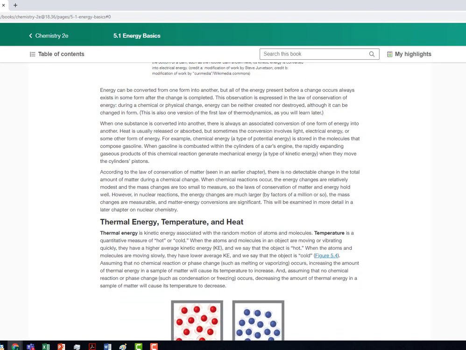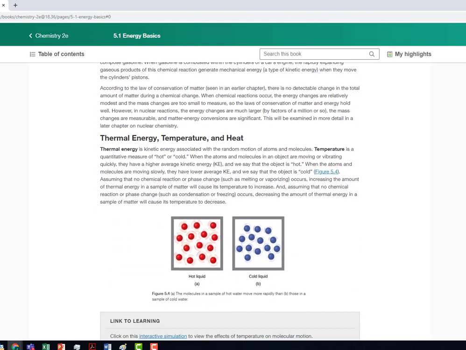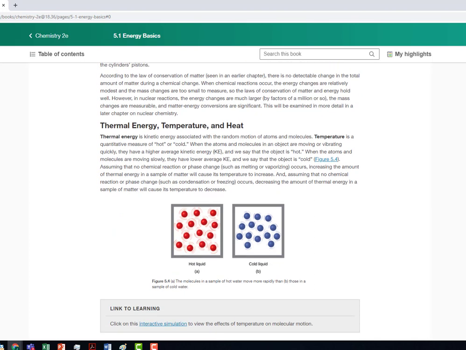Okay, so let's move more towards our idea of thermochemistry by defining a few more things that will be important. Thermal energy is actually a type of kinetic energy because it is about the movement of things. The movement in thermal energy, though, is very random.